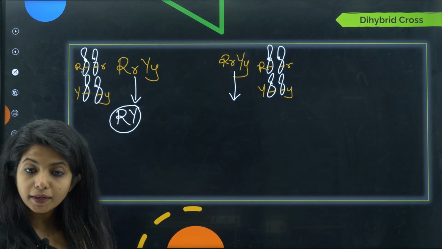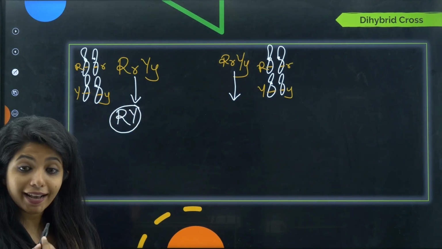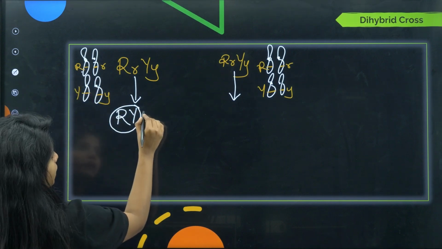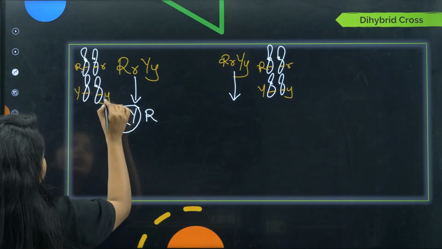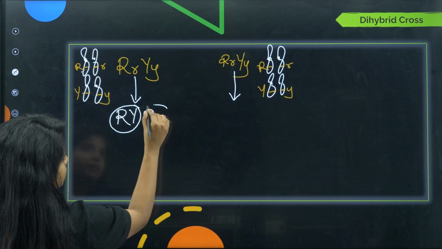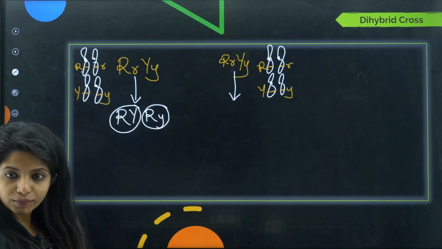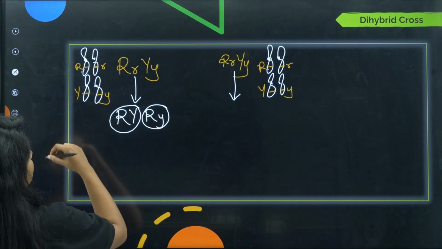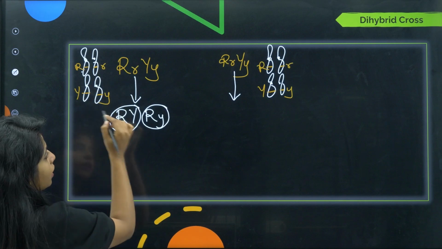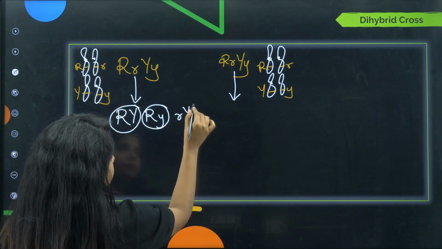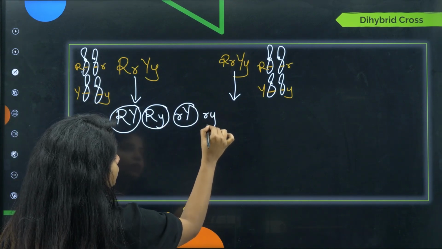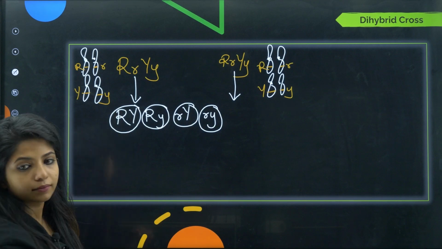Is that the only gamete they can form? No, children. Next, capital R can be there again, but with capital R the small y can come. So this is the next gamete. Now small r is there. Small r can come with capital Y, and small r can come with small y. Agree?